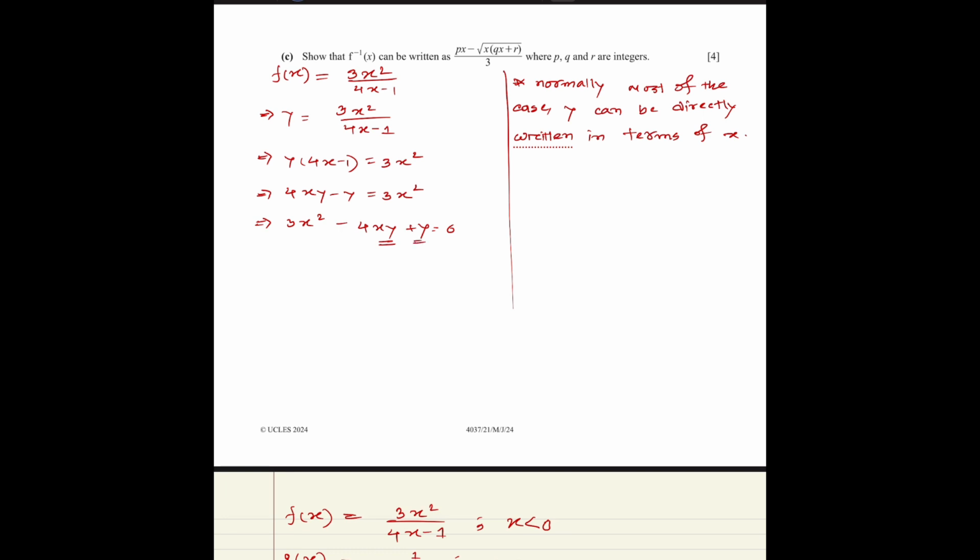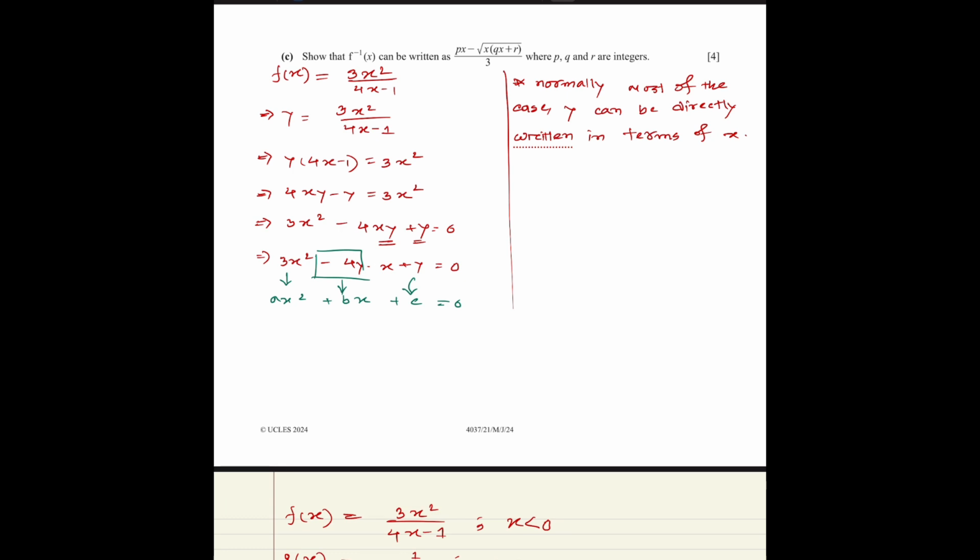So if we write it in a rearranged format, 3x squared minus 4y times x plus y equals 0. Now comparing this with the standard quadratic equation, ax squared plus bx plus c equals 0, y equals c, negative 4y is b, and 3 is a.